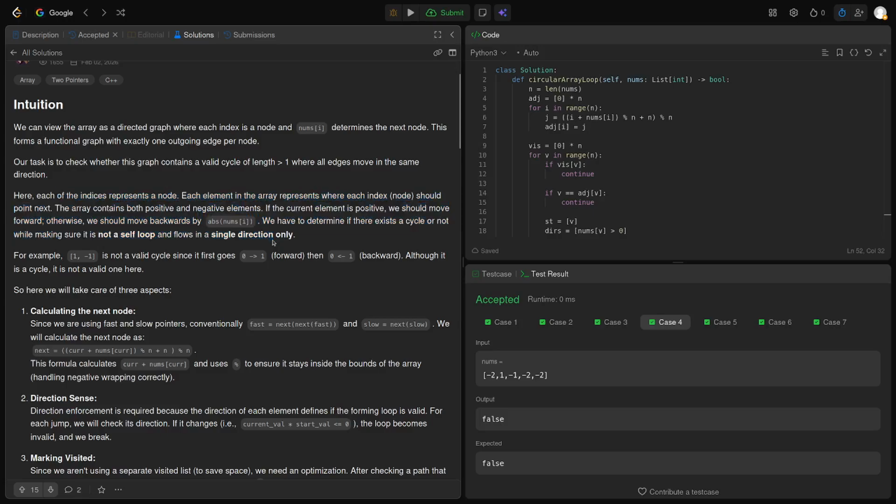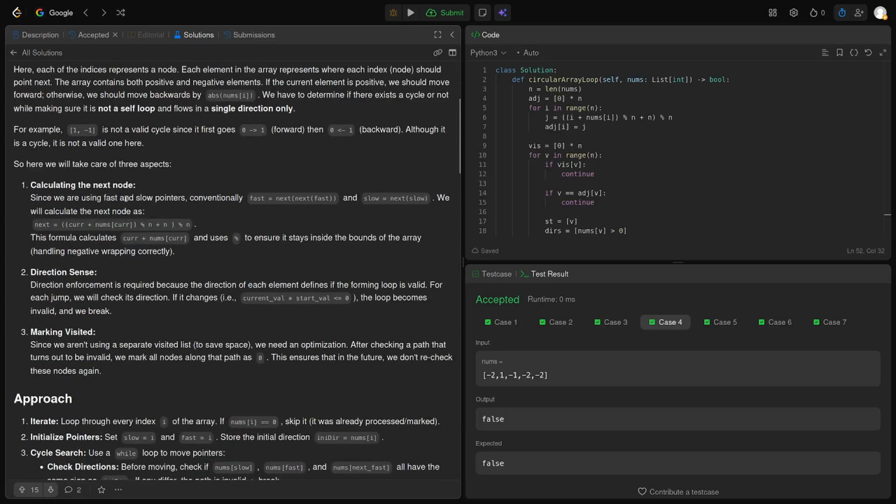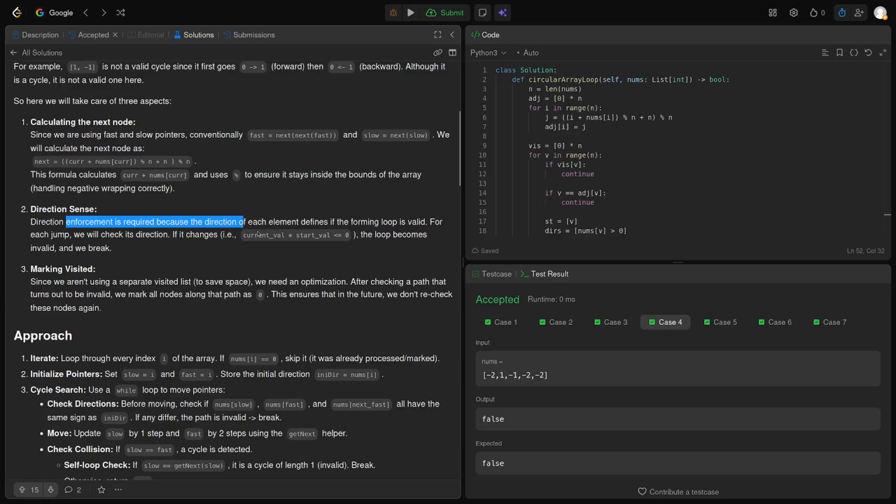Okay. Okay. Okay. Direction sense. Ooh. I mean, wait, if current value is like -5 and we need -5, okay, that makes sense.